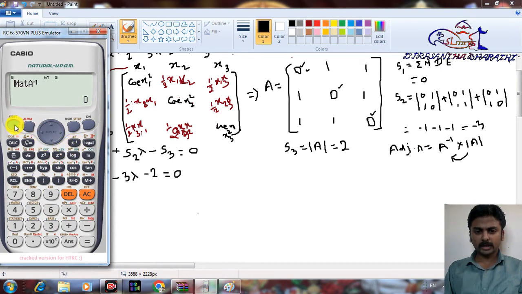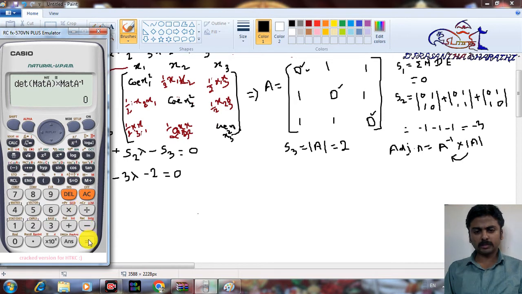Here I am writing shift 4, the determinant is given in 7, so determinant of matrix A, into matrix A inverse.